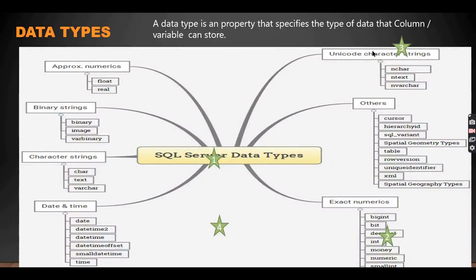The purpose of these data types is to enforce certain rules. If you define a column like date of birth as integer, you cannot store your date of birth in that field. So it is some kind of check you are doing.